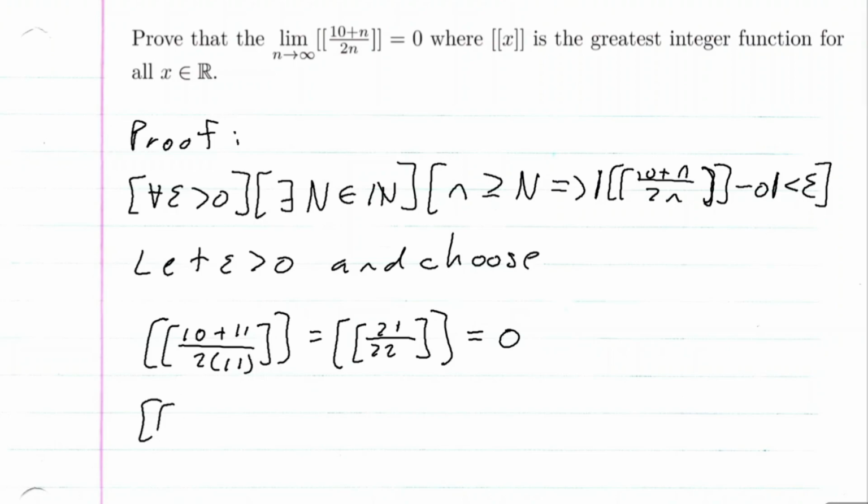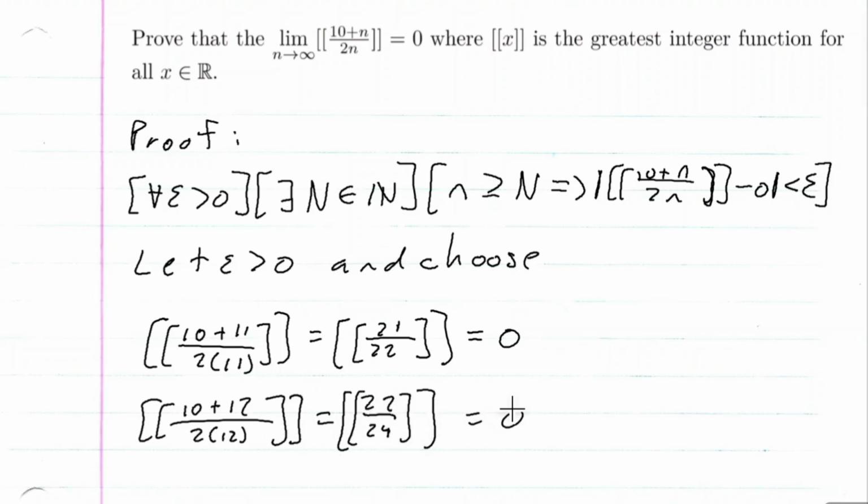And let's go ahead and do (10 + 12) / (2 times 12). Hopefully you guys can see that. So this will be the greatest integer of 22 over 24, right? So the greatest integer of this is 0 as well.